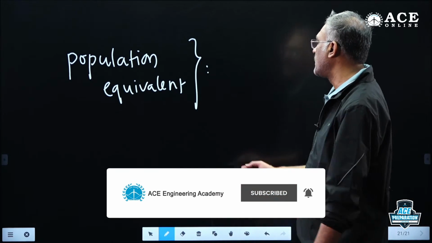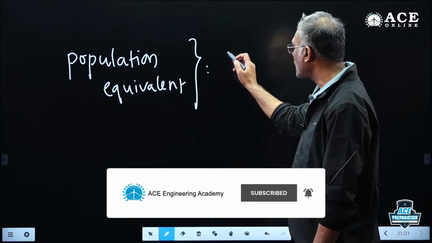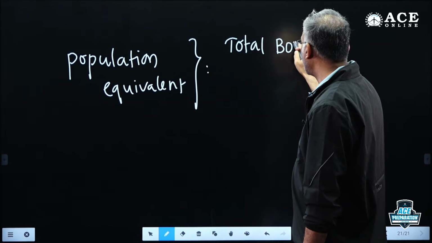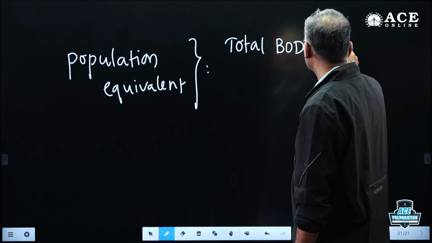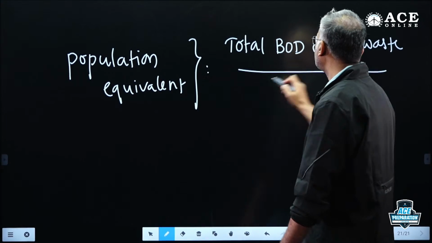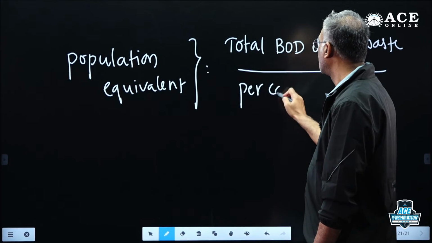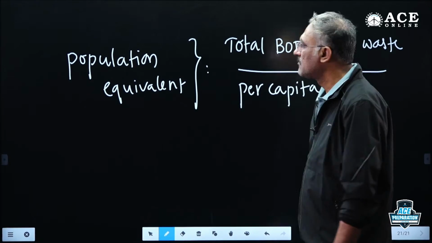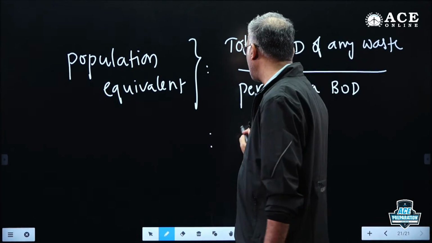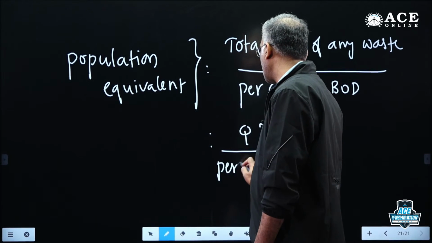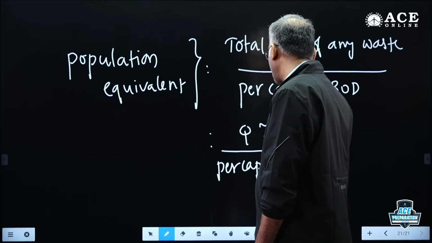Therefore, population equivalent is equal to the total BOD of any waste divided by the per capita BOD. Total BOD means Q into the 5-day BOD. Per capita BOD depends on the food habits of the people.